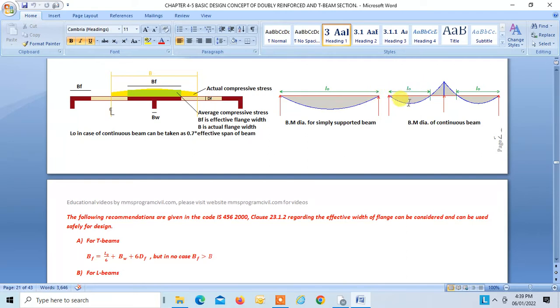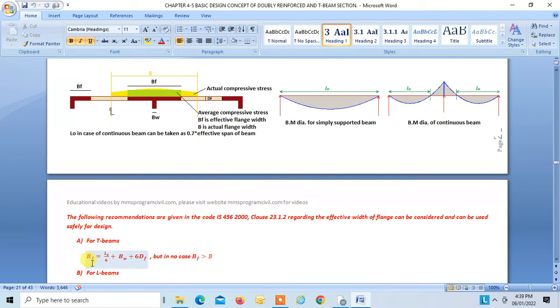But for the case of continuous beam, the code has simplified the equation. Code says L0 in case of continuous beam can be taken as 0.7 times the effective span of the beam. So you just find the effective span of the beam and multiply it by 0.7, and that is what you can take as L0, right?